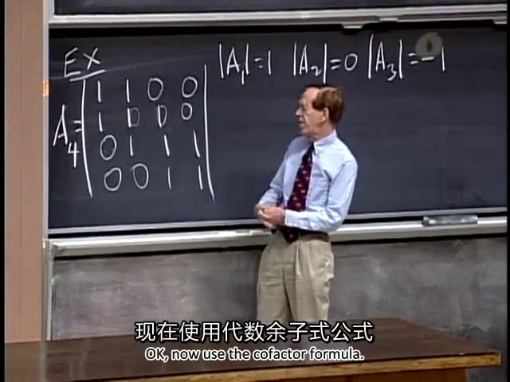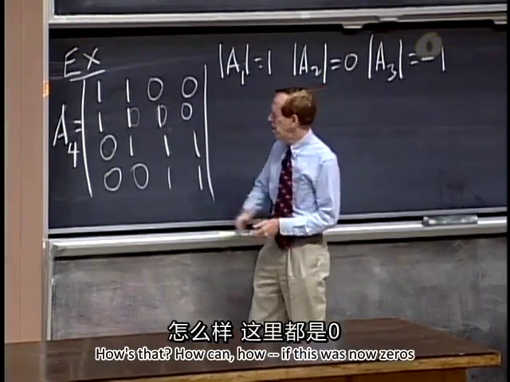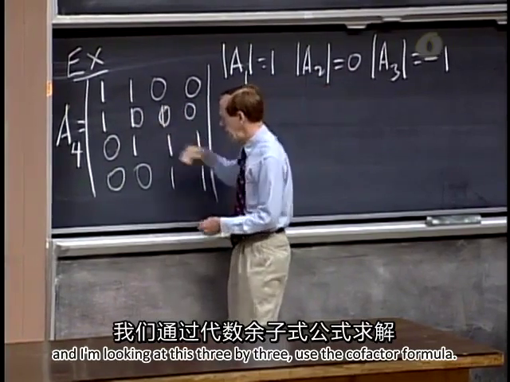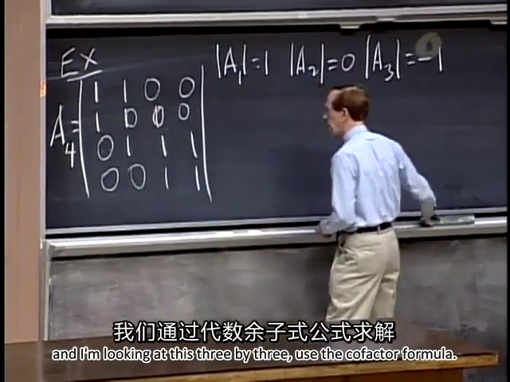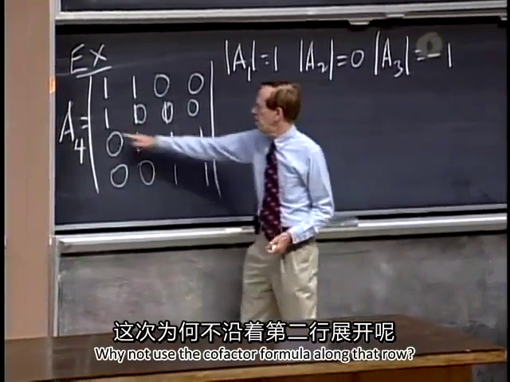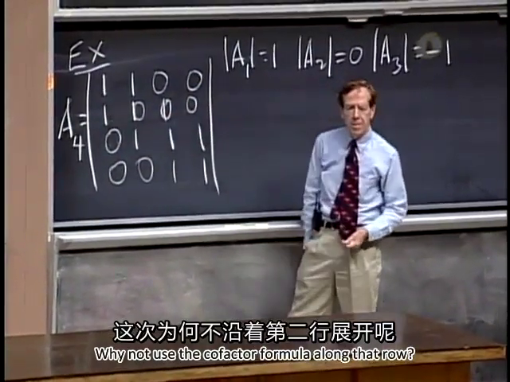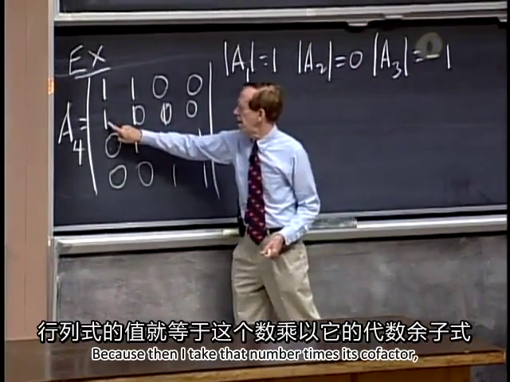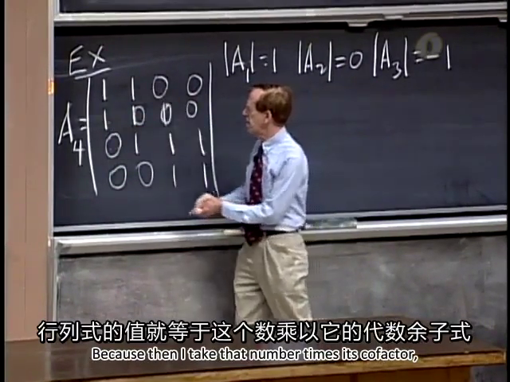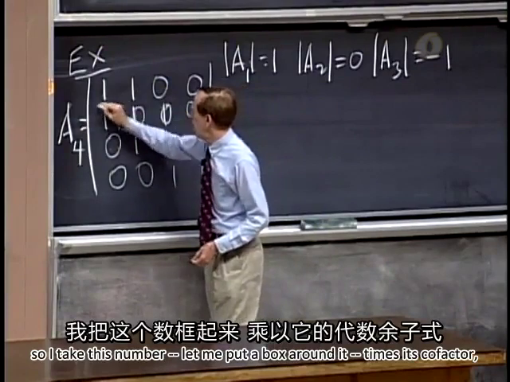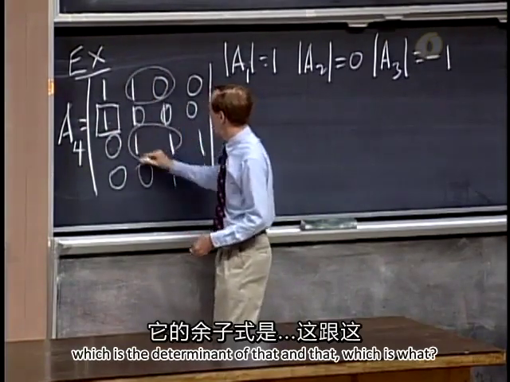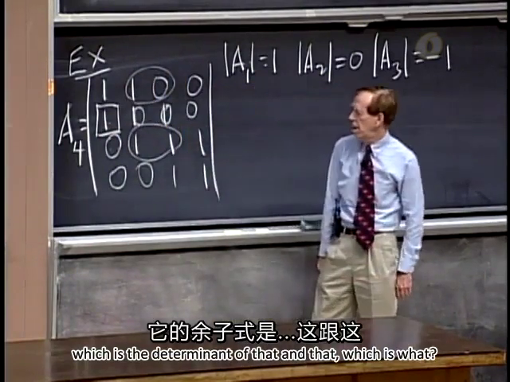Okay, now use the cofactor formula. Why not use the cofactor formula along that row? Because then I take that number, let me put a box around it, times its cofactor, which is the determinant of that and that, which is what?